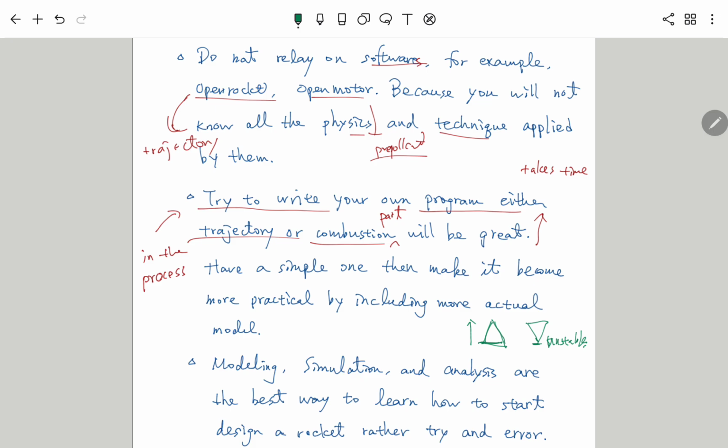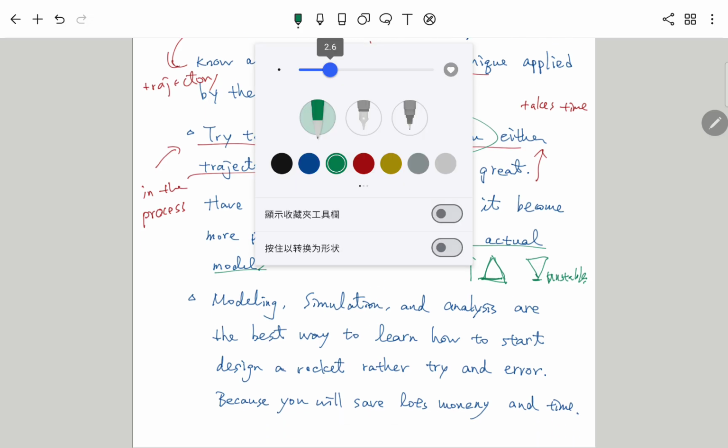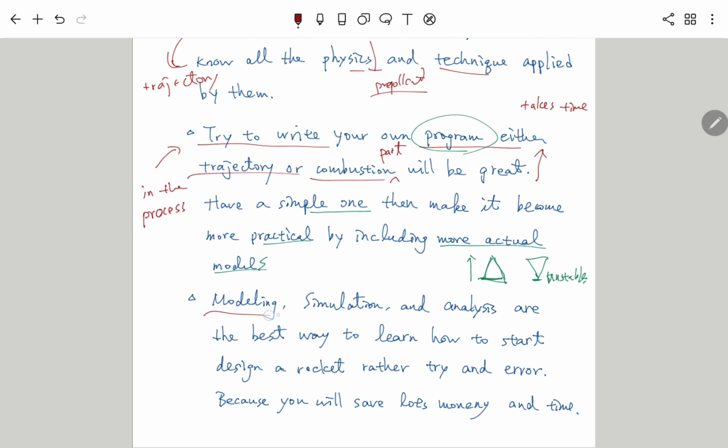So have one simple simulation or simple program and make it more practical if you need by including more actual models. Well, let's go step by step, and we will introduce that in our following videos. So the concluding remark is that modeling, simulations, and analysis are the best ways to learn how to design a rocket, rather than trial and error.